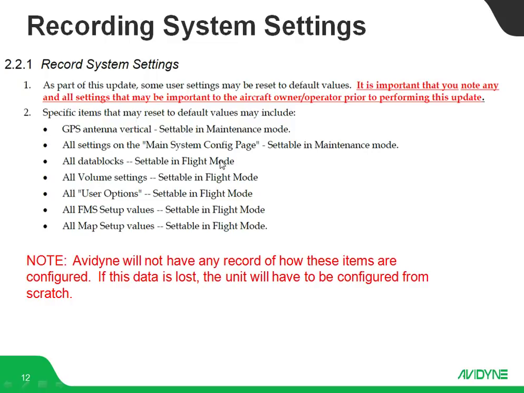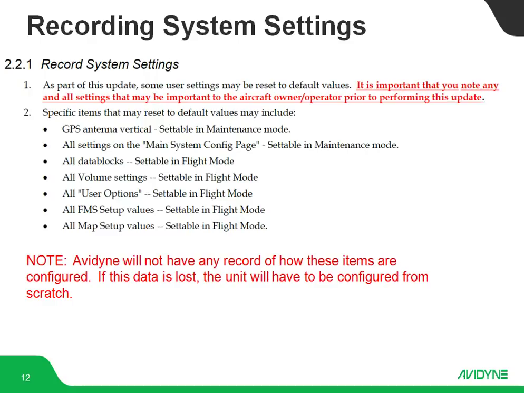You'll notice some of these are listed as in flight mode, and a lot of these are just your user option type setups, saved frequencies, those types of things. You'll want to make sure you've got a record of all of those, because again, if something goes sideways in this software update, we may end up losing all of that data.